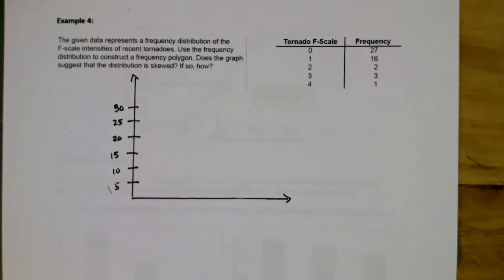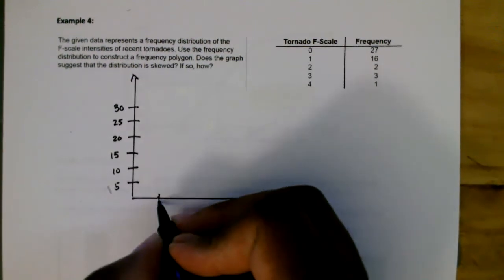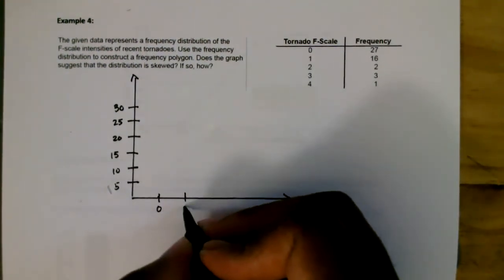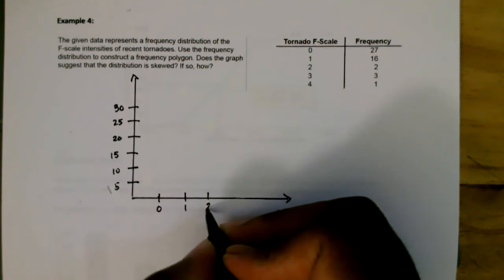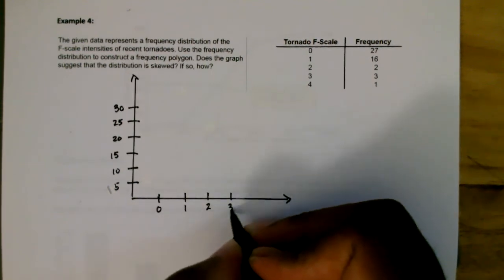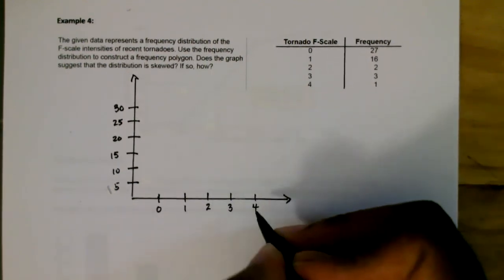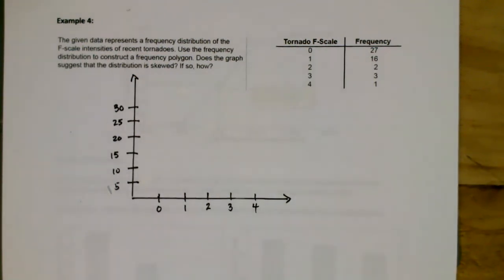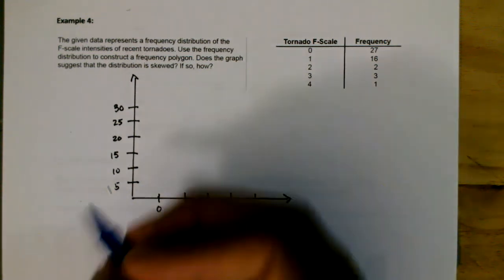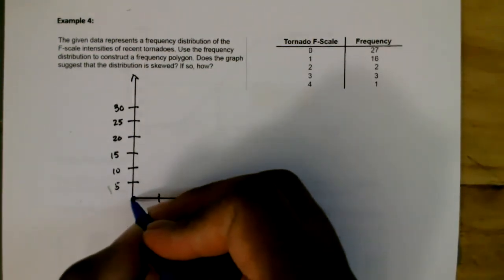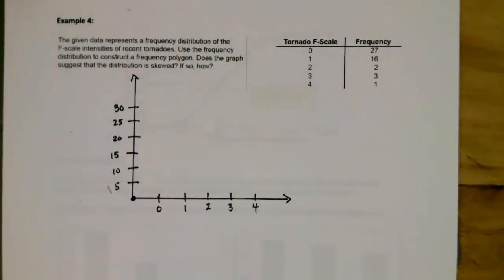And of course, my tornado F scale is from 0 to 4. So I'm going to put 0 here, 1, 2, 3, and 4. So in this case, I'm going to draw a point right here at this intersection of those two axes.